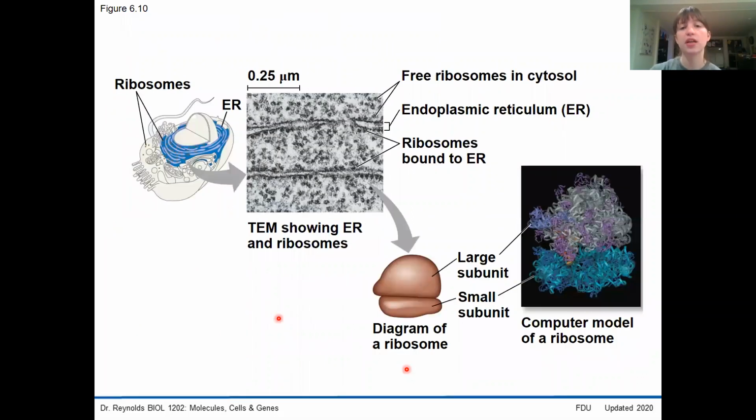Here's an example in another picture for you of these ribosomes, including free ribosomes floating around in the cytoplasm, producing traditional proteins, and bound ribosomes attached to the rough ER, synthesizing glycoproteins.